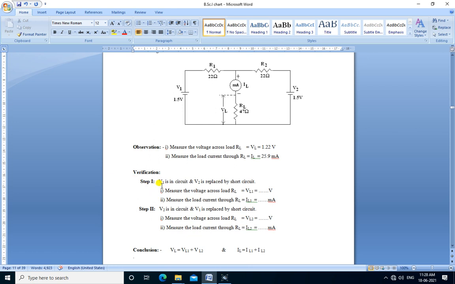The step 1 is V1 is in circuit and V2 is replaced by short. So we keep this V1 as it is and we replace this V2 with a short circuit, and then we have to measure these two values, that is measure the voltage across load RL, that is VL1, and measure the load current through RL, that is IL1.